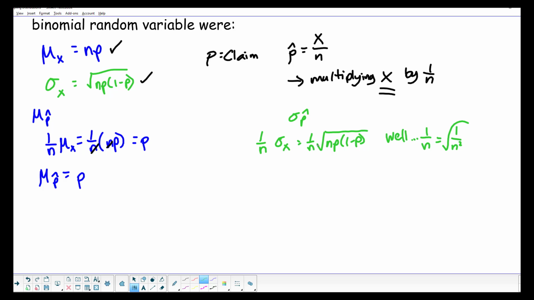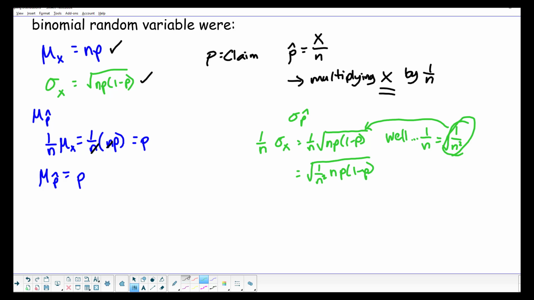Well, why do I want to do that? Because look at this square root here. What happens if I plop that 1 over n squared inside the square root? Let's go ahead and rewrite this by putting it inside here. So that means I have 1 over n squared times n times p times 1 minus p.